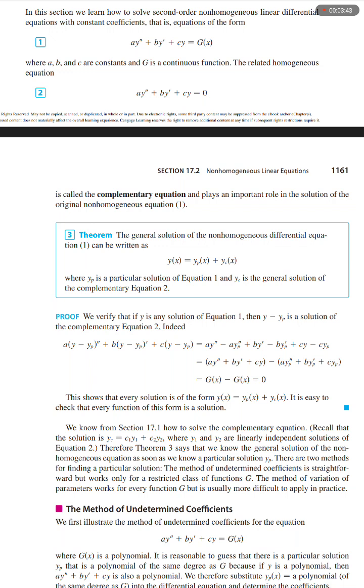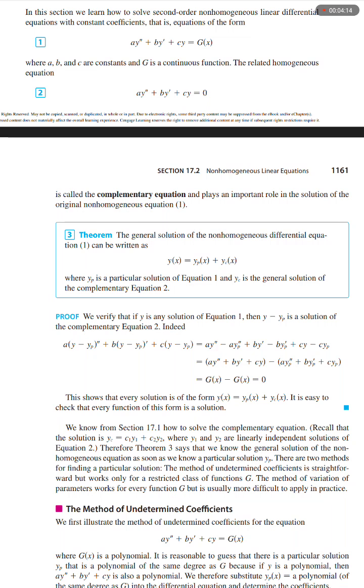Recall that the solution is y sub c equals c sub 1 y sub 1 plus c sub 2 y sub 2, where y sub 1 and y sub 2 are linearly independent solutions of equation 2. Therefore, theorem 3 says that we know the general solution of the non-homogeneous equation as soon as we know a particular solution y sub p.